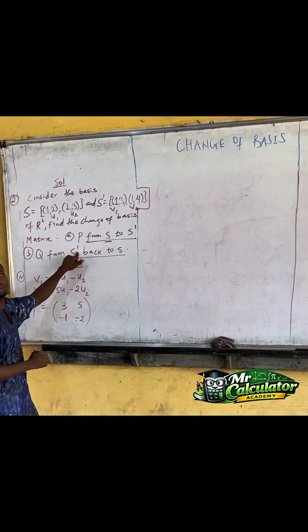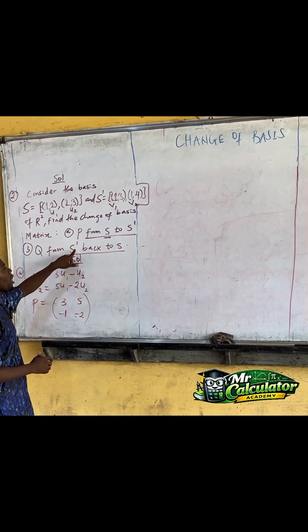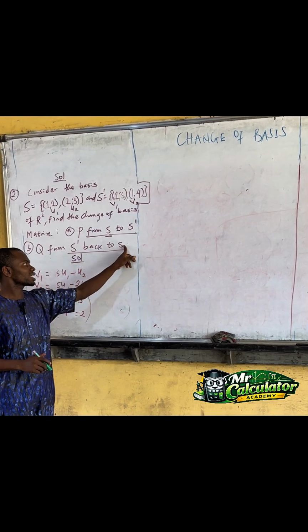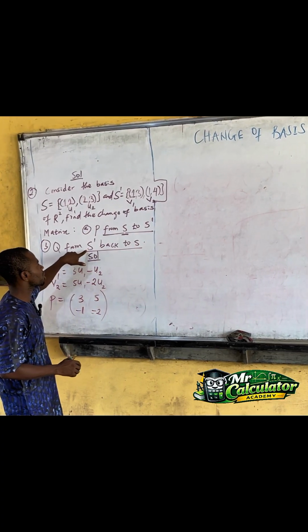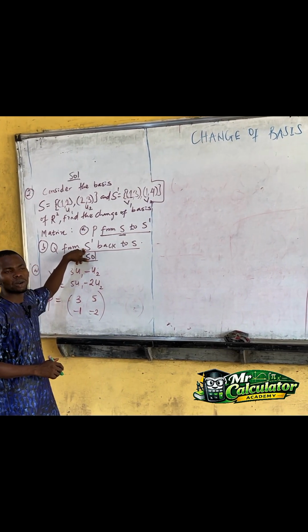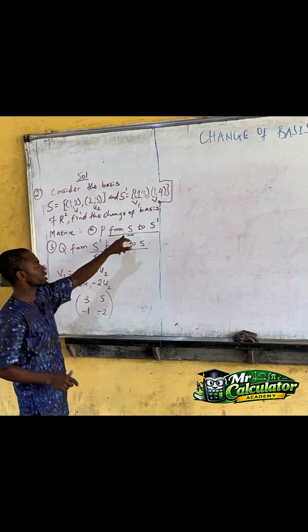From S prime, which means I want to write the basis of S as a linear combination of the basis of S prime, the reverse case of this.